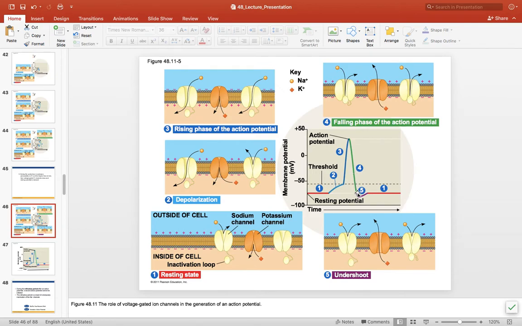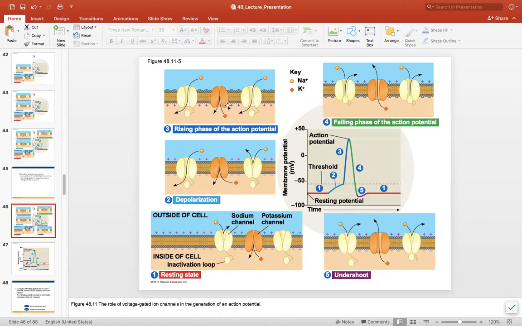Now, as that falls, you get to where we have something called an undershoot, where as the channels start to close up, there's going to be more molecules that fit through and cause a problem with the polarity, or I should say the potential of that membrane, and so it shoots a little bit lower than resting potential, and then some of those channels open up to kind of balance it back out to natural resting potential when there is no message going through that part of the cell.